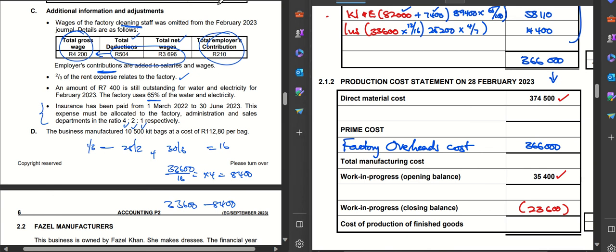All right, let's continue. Information D now says the business manufactured 10,500 kit bags at a cost of 112.80. The examiner can bring you this, or at times they can bring you the finished goods together with a markup.